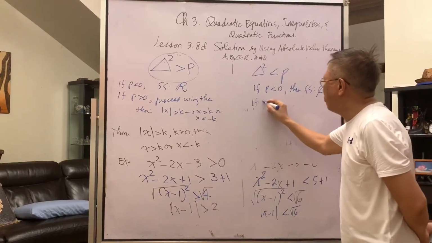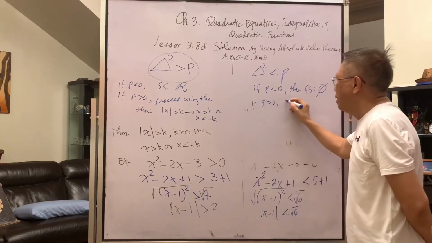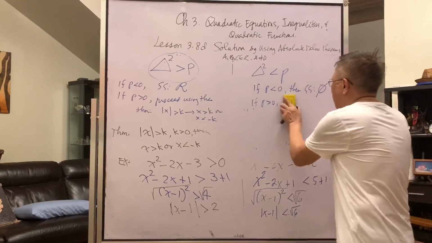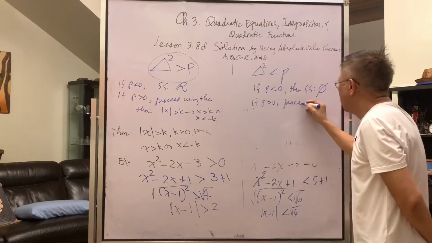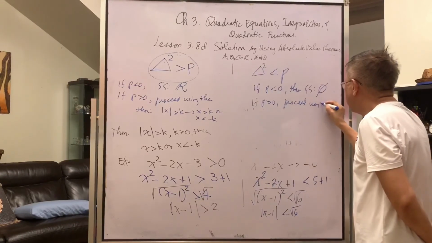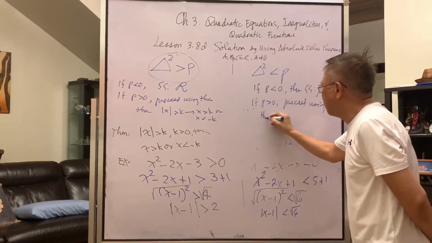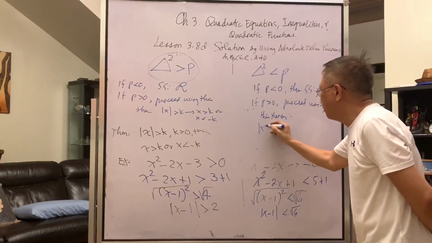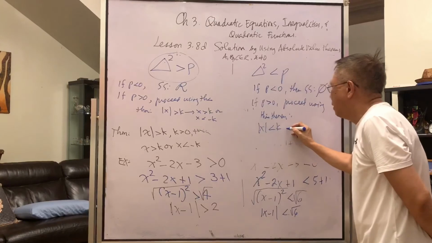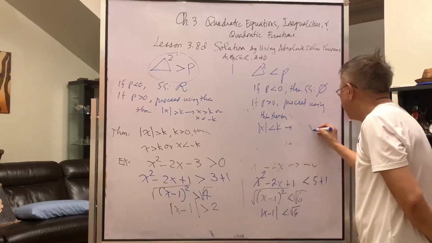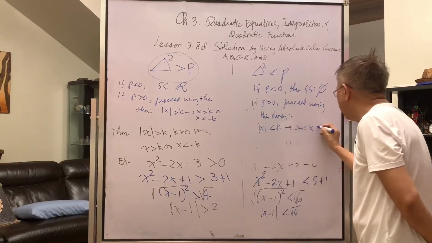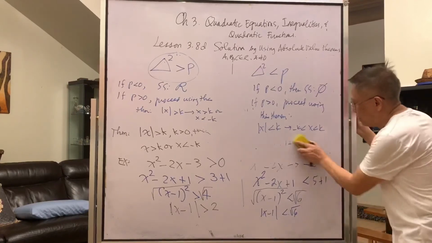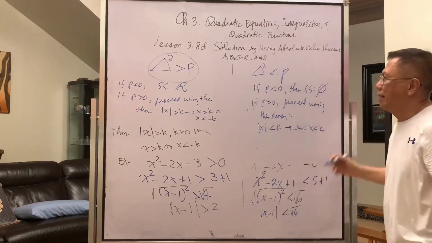However, if p is greater than 0, then you can proceed using this theorem. Absolute value of x less than k implies x is between negative k and k, as we have illustrated.